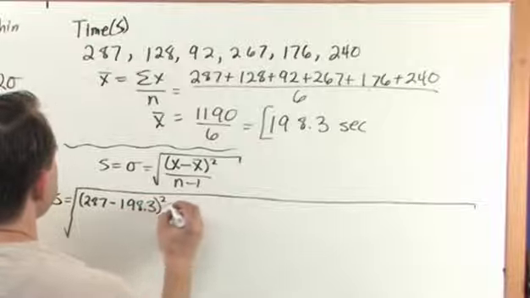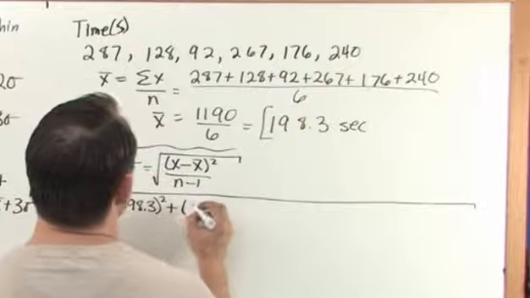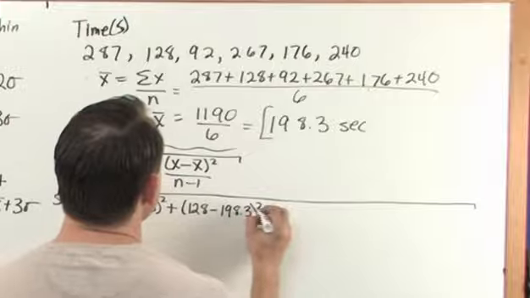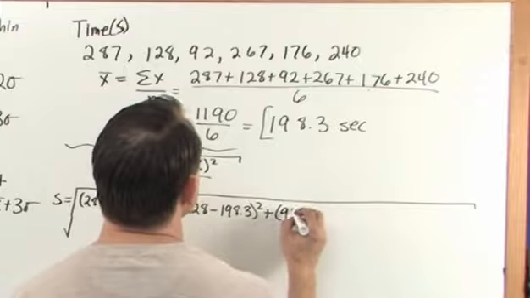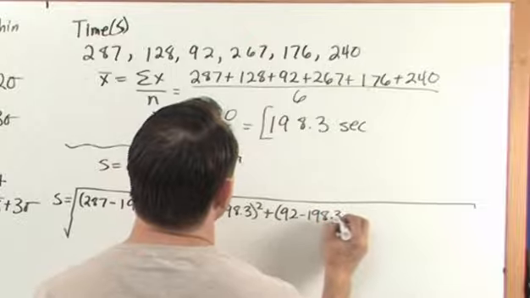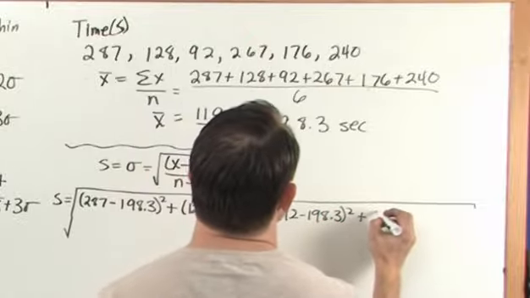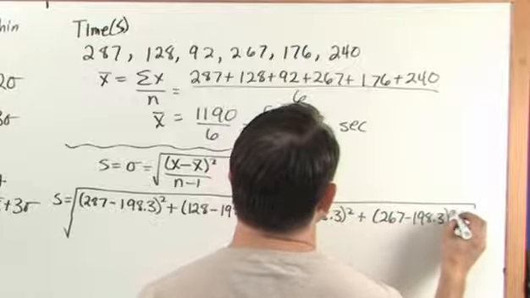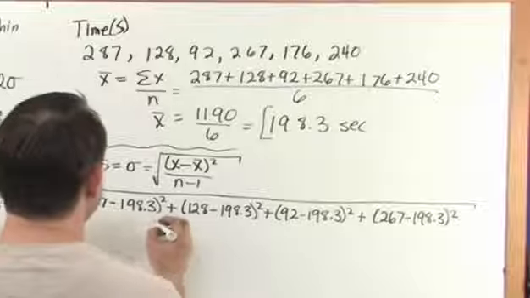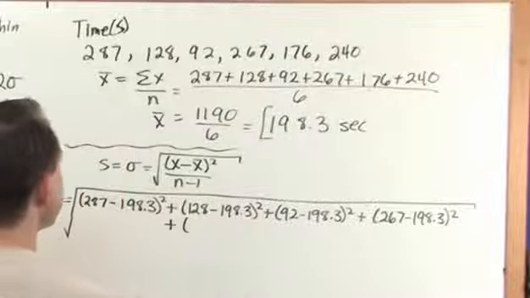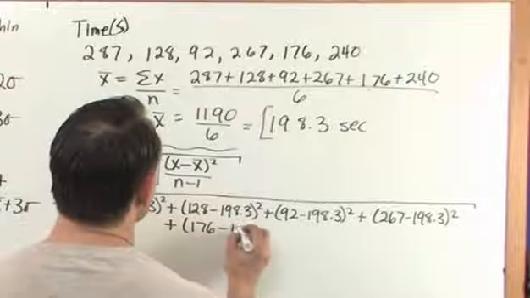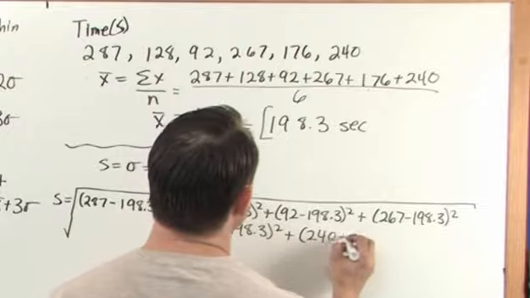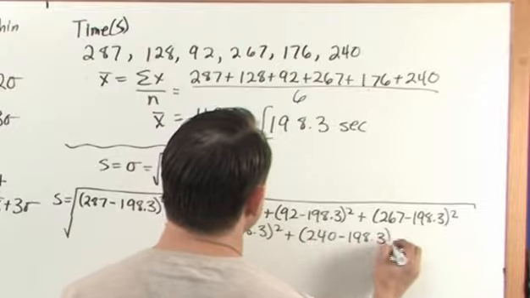198.3 squared, plus 128 minus 198.3 squared, plus 92 minus 198.3 squared, plus 267 minus 198.3 squared, and unfortunately I ran out of room, so I'll continue right here, plus 176 minus 198.3 squared, plus 240 minus 198.3 squared.